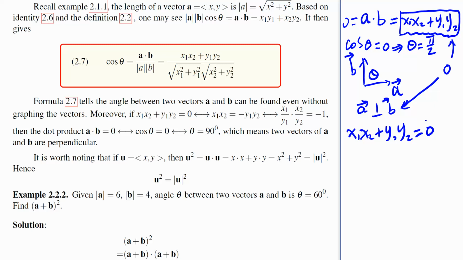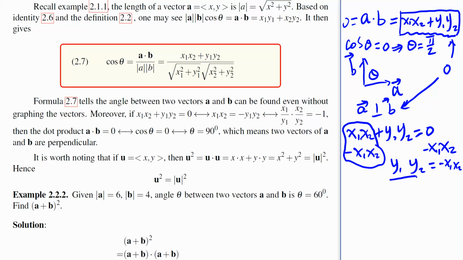That would mean if you subtract x1 x2 on both sides, then what we get will be y1 y2 equals negative x1 x2.